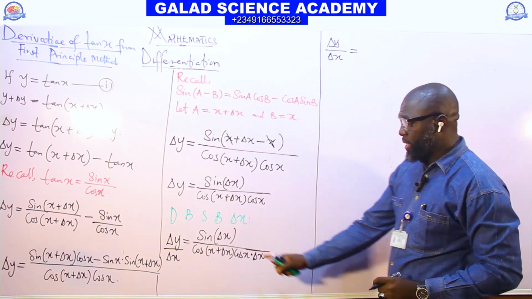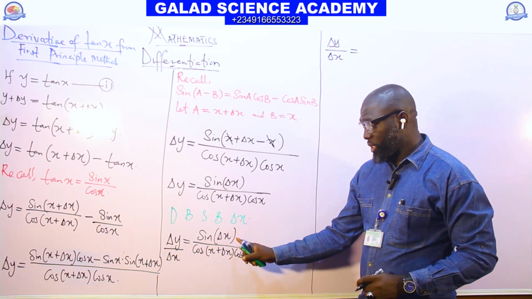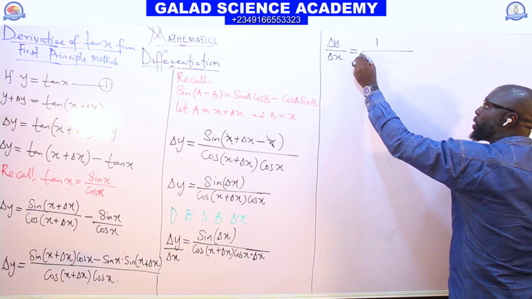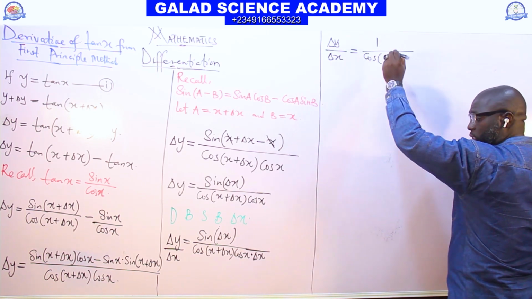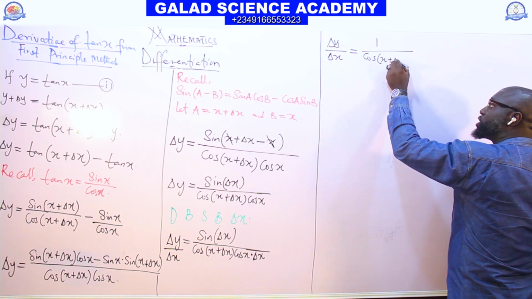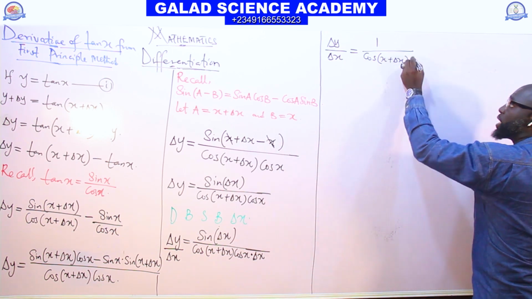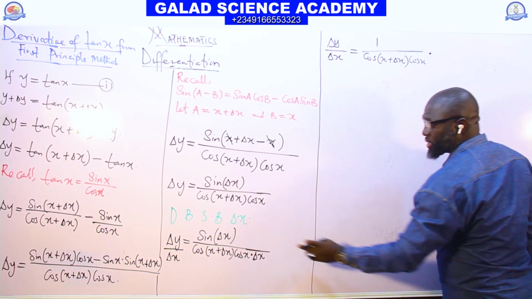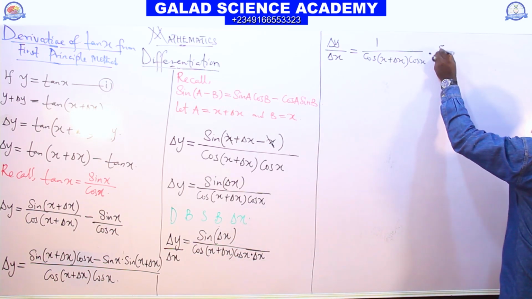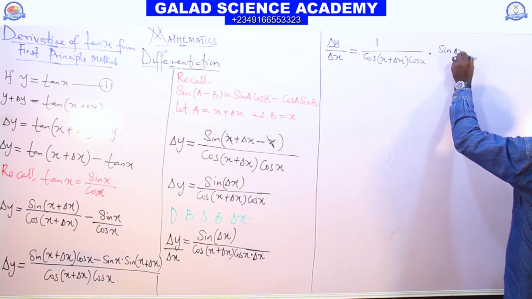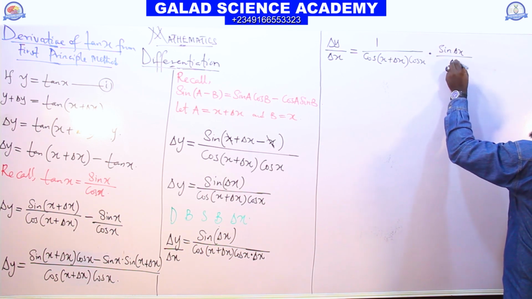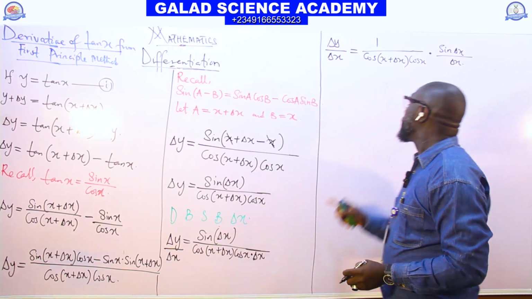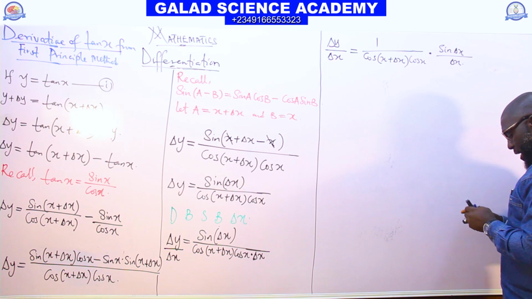I want to take this sine out, so we have 1 over cos(x plus change in x) then cos x, everything multiplied by sine change in x over change in x.